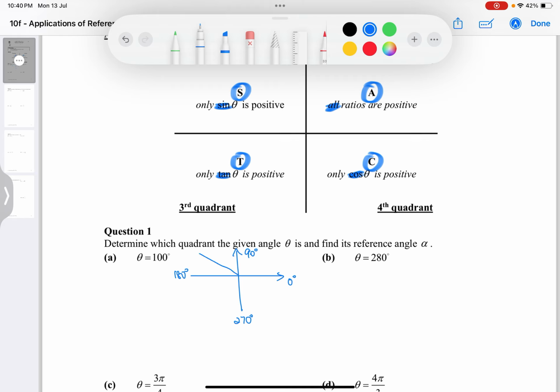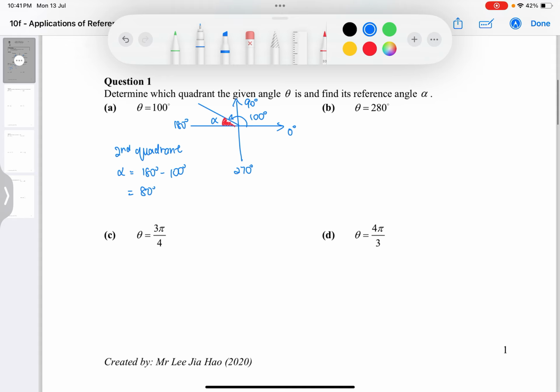So 100 degrees will be here, which means that this angle lies in the second quadrant, and the basic angle is the corresponding angle from the line to the x-axis, and that will be alpha, which is 180 minus 100. So the basic angle is 80. And you can go ahead and do the same for the other three.